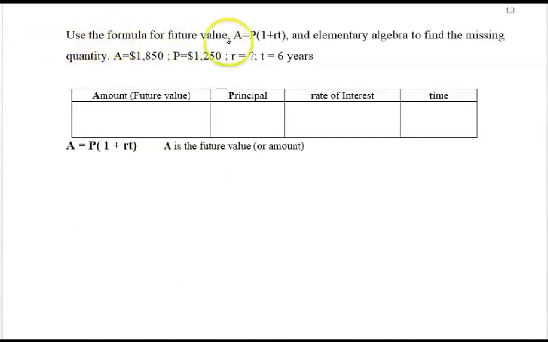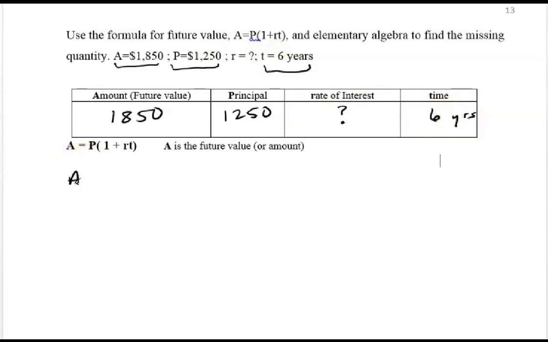Use the formula for future value and elementary algebra to find the missing quantity. So we are given the amount, which is our future value, the $1,850. We are given the principal, which is $1,250. And the rate is unknown, so we are going to need to find the rate, and we're given the time, which is 6 years.